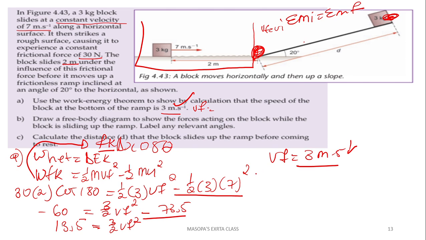Alright, part B says that you must draw a free body diagram of the forces that act on the object, and label any relevant angles. Let's draw the free body diagram. So I will draw it up there. For the free body diagram of this object, remember this incline is rough, so there is Fk.